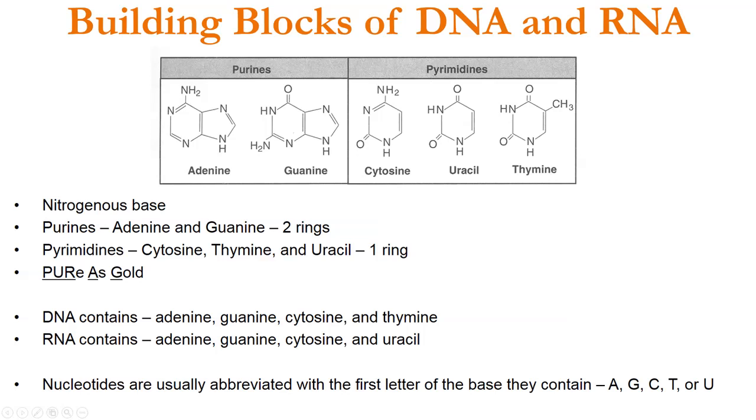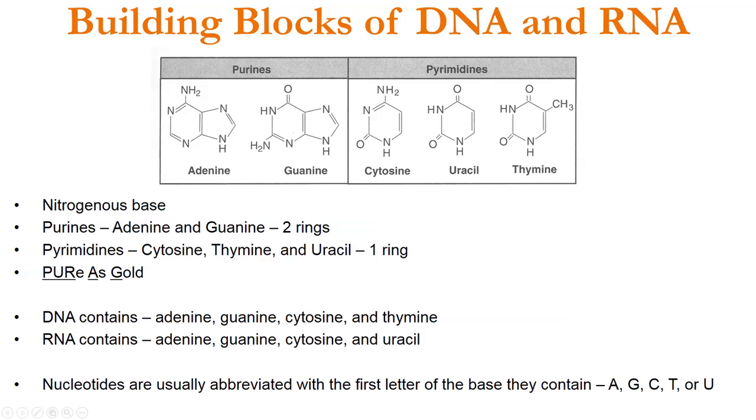The next part of a nucleotide is a nitrogenous base, and that's what we've shown here. Once again, we're not going to ask you to draw out the structures, for instance. I do think it's useful for you to remember which ones have a single ring and which ones have 2 rings. The purines have 2 rings.